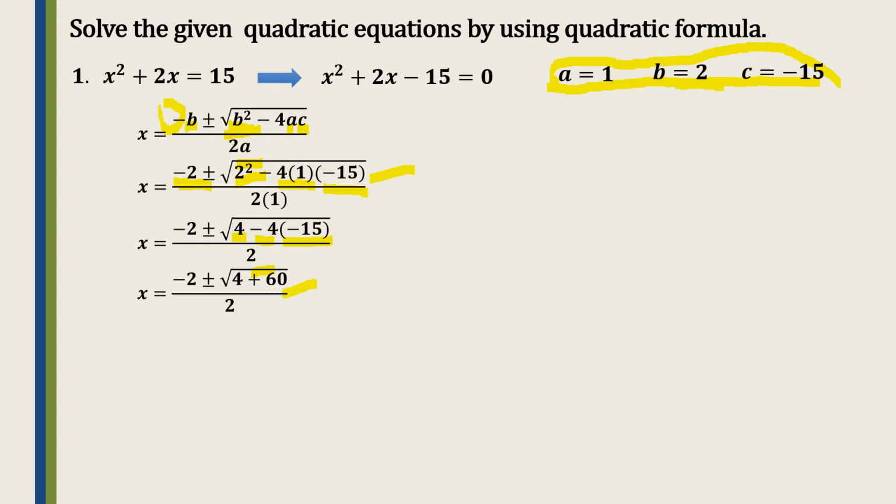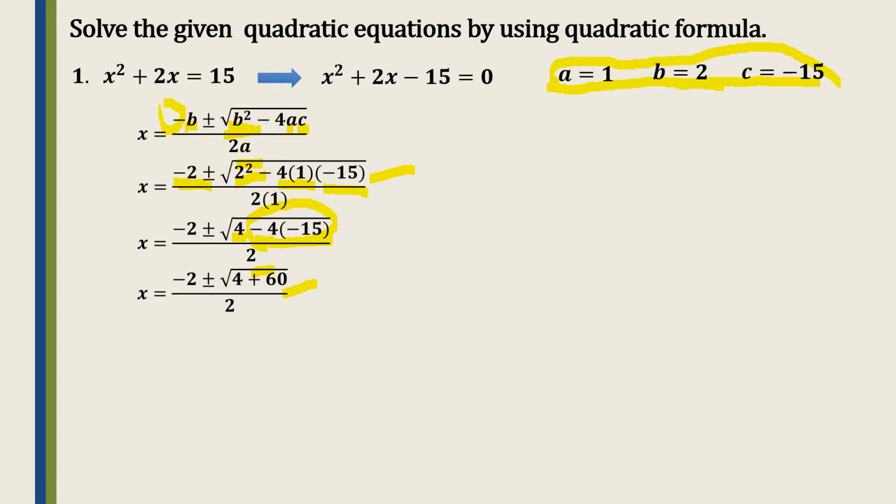Saan galing ang 60? Galing yan sa negative 4 times negative 15. Yung minus, sign yan ng 4, I mean. So, negative 4 times negative 15, we have positive 60.